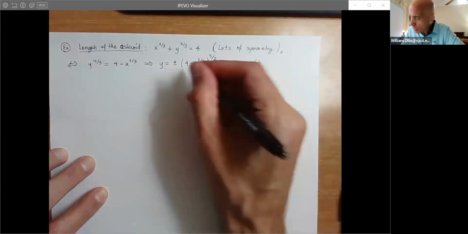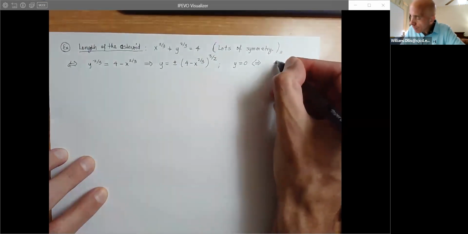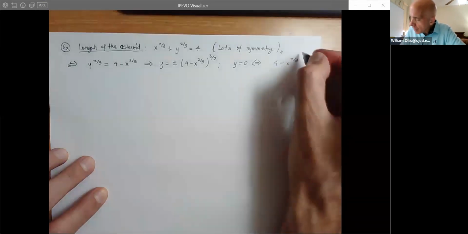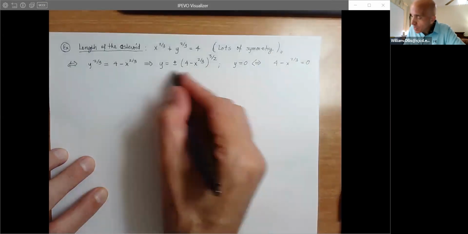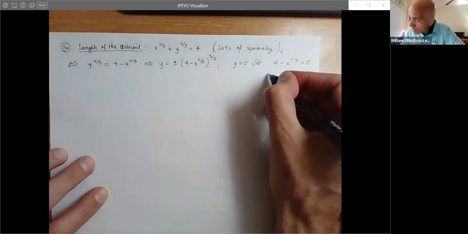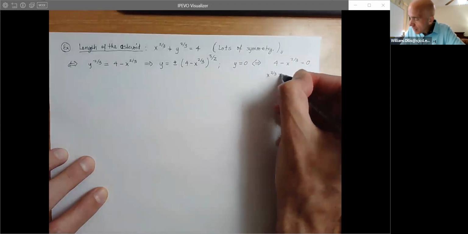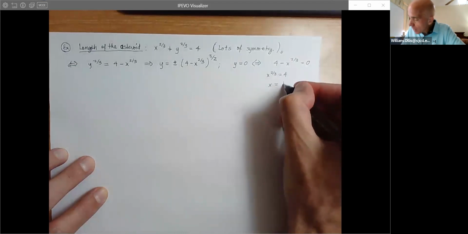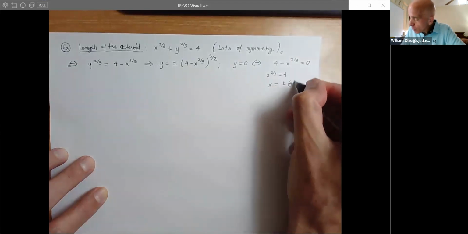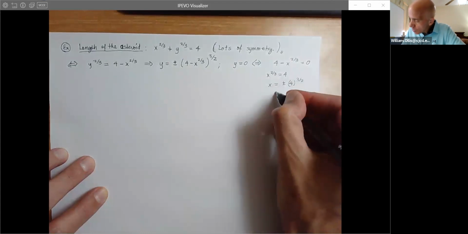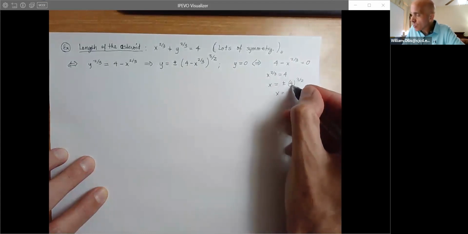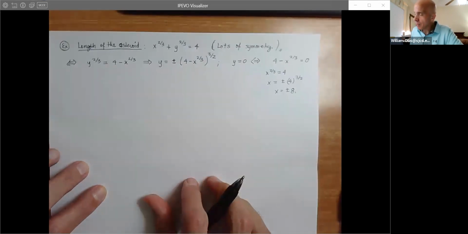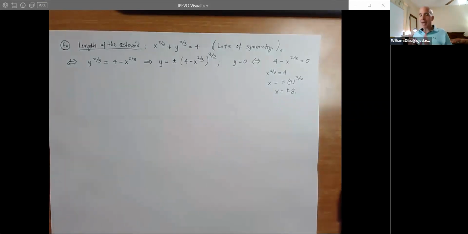So we have 4 minus x to the 2/3, upper or lower arc, equals 0. So if y is 0, this argument must be 0. So this says x to the 2/3 equals 4. So x will be plus or minus 4 to the 3/2 power. The square root of 4 is 2, you cube it, we get plus or minus 8. Okay, so that gives us some analysis here.